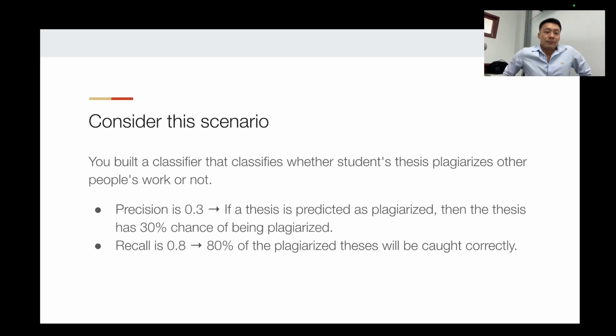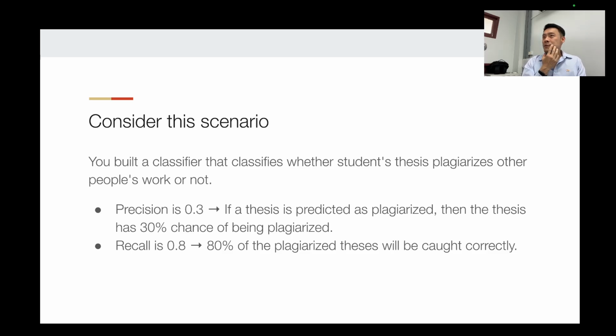Suppose the precision of plagiarism is 0.3. That means when it flags something as plagiarized, there's only a 30% chance that it is actually plagiarism.